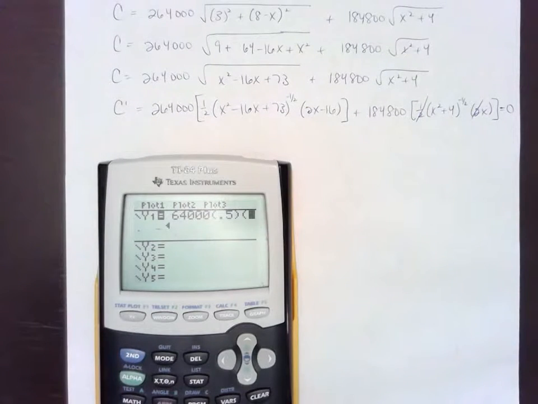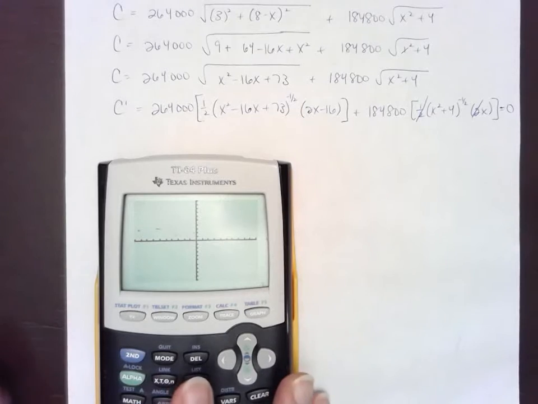They're unnecessary. x squared minus 16x plus 73 to the negative 1/2 power times 2x minus 16 plus 184,800 times x squared plus 4 to the negative 0.5 times x.